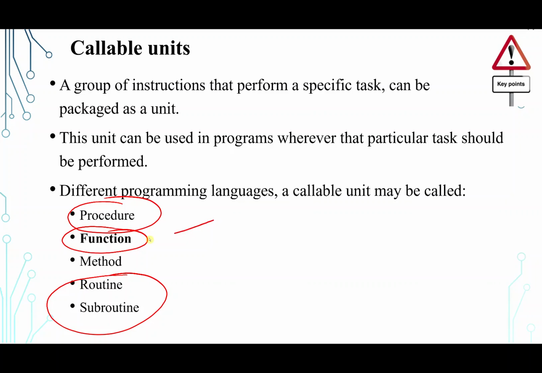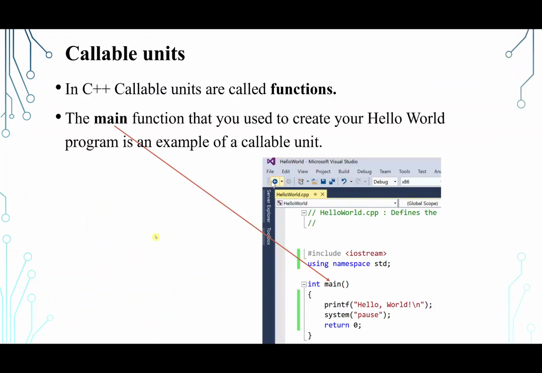We're going to call them functions from now on because you're learning the C++ programming language. The main function that you use to create your Hello World program is an example of a callable unit. As you can see, this main is a callable unit.